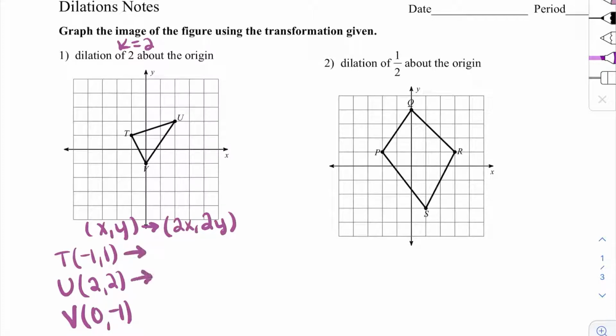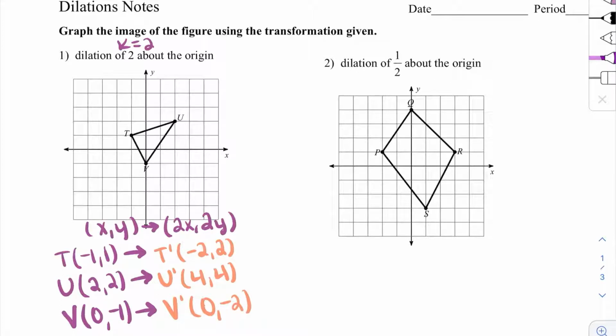The next step is to apply the rule (2x, 2y), which tells us to multiply all of these values by 2. So our new T will be (-2, 2). Our new U will be (4, 4). And our new V, 0 will stay 0, so (0, -2).